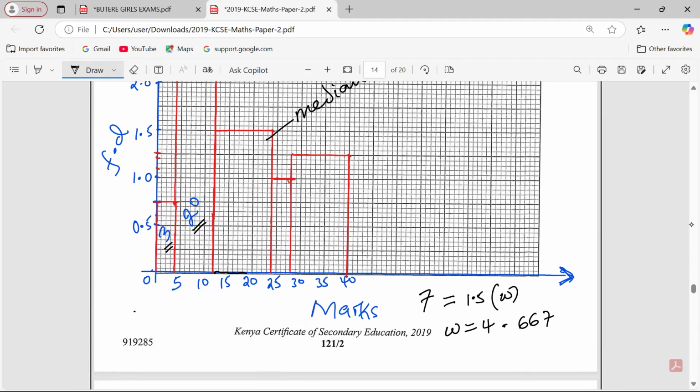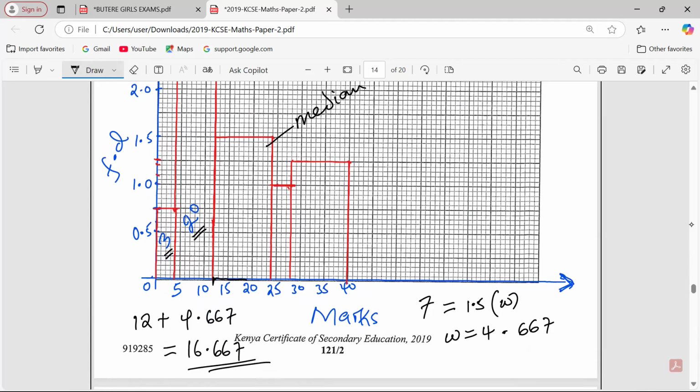And that width, when we are moving from 12, we just add 4.667. This will give us 16.667. This is the median now.